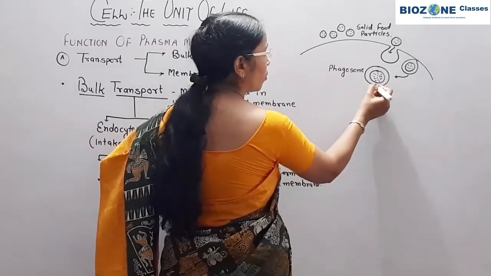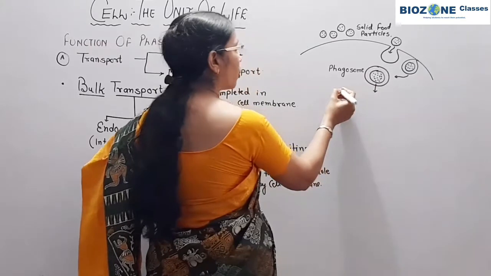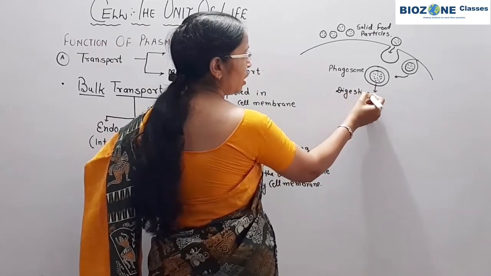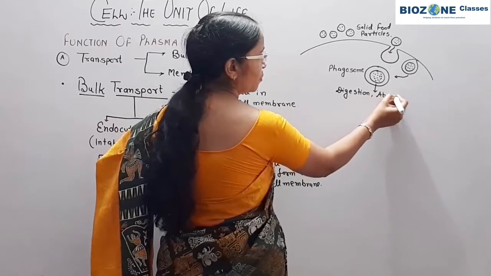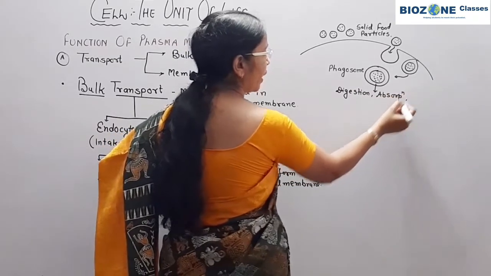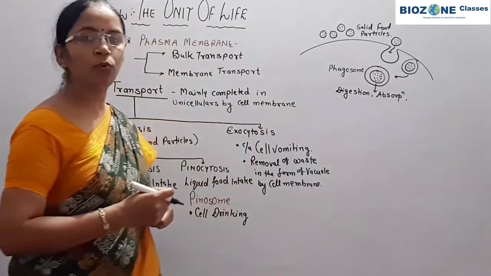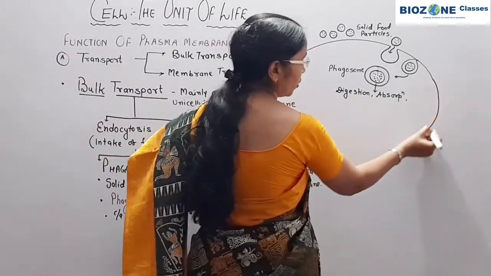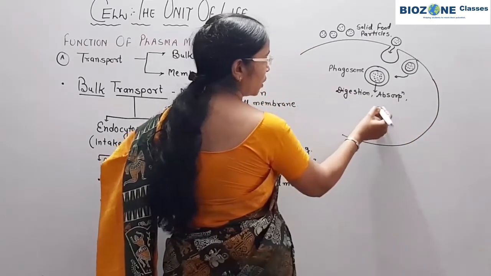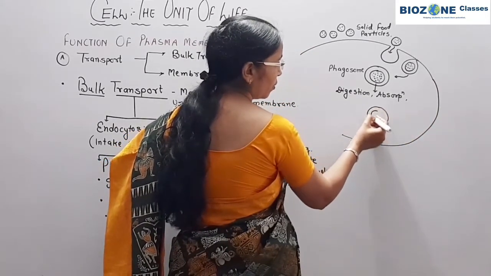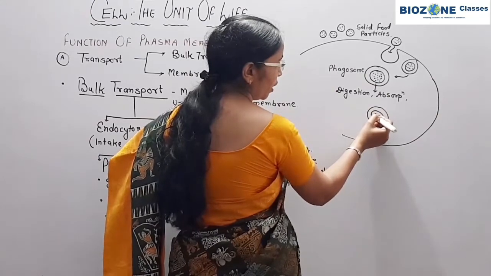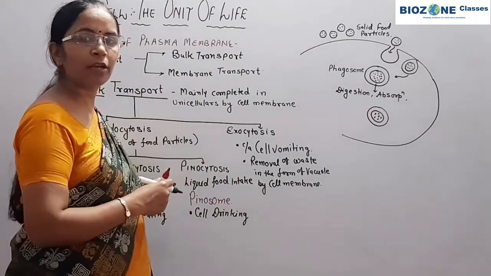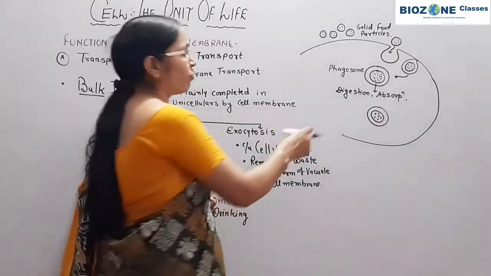Now the food particles inside the vacuole undergo digestion. After that, absorption takes place, and that digested food is used in the process of assimilation. Now, in exocytosis, this vacuole contains some undigested food particles. So these are the vacuoles which are not useful for the cell.